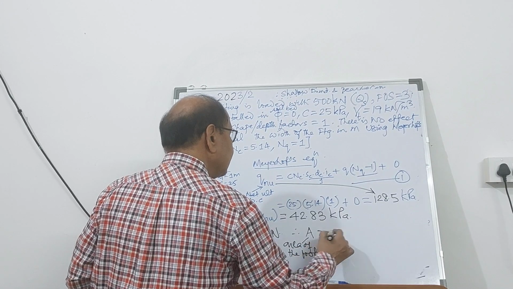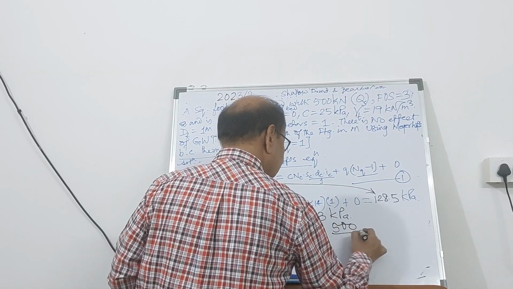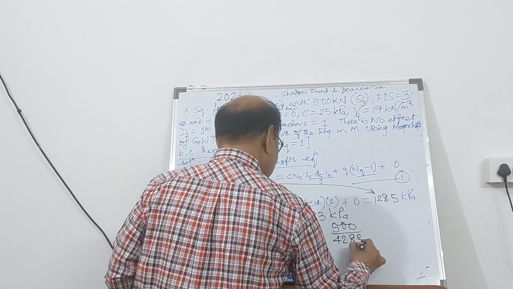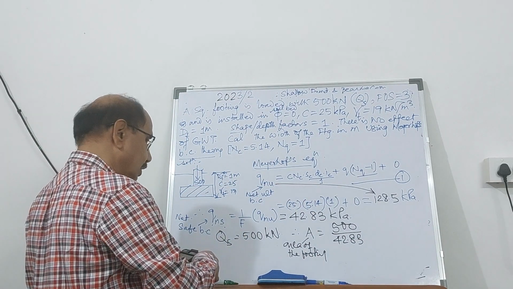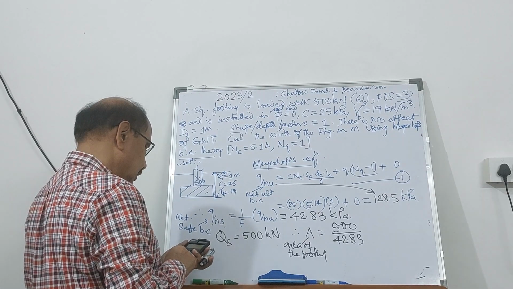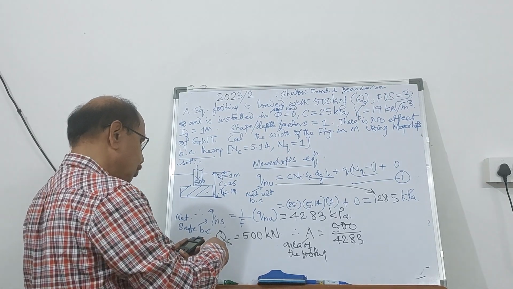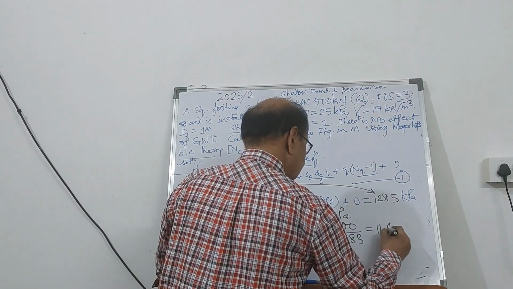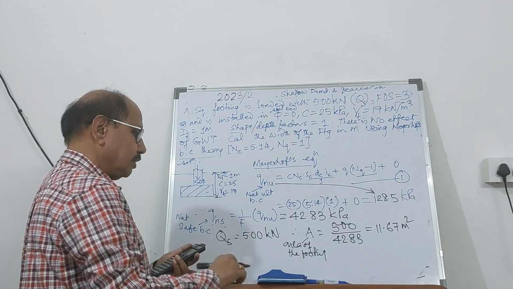You can calculate it very easily as 500 divided by 42.83 kilonewton per meter square. So let's calculate 500 divided by this, which gives you 11.67 square meter.